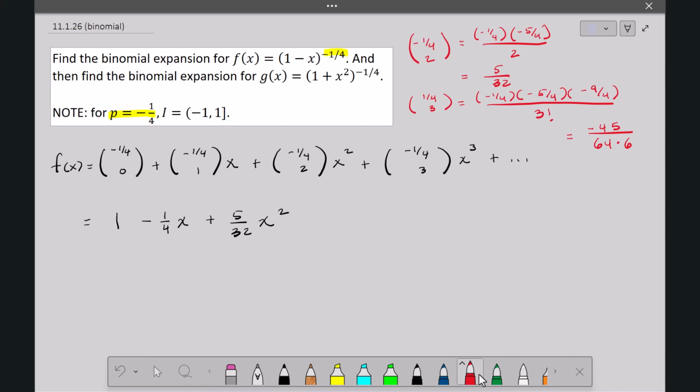So now we have to simplify this a little bit, and we see that 3 can go into both this and 3 can go into there and give 15. So we will have negative 15 divided by 128. That will give us negative 15 divided by 128 multiplied by x cubed.